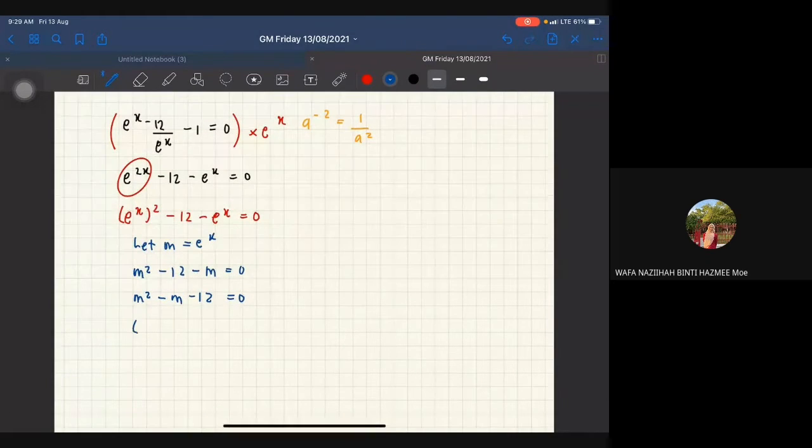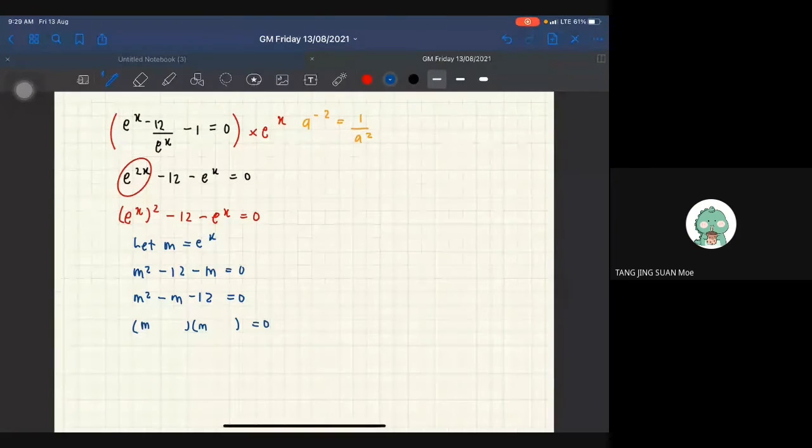Okay, so bila tekan calculator, what will be your roots? Apa nilai root awak? X awak? 4. 4 and? Negative 3. So negative 3, this one is positive 4.